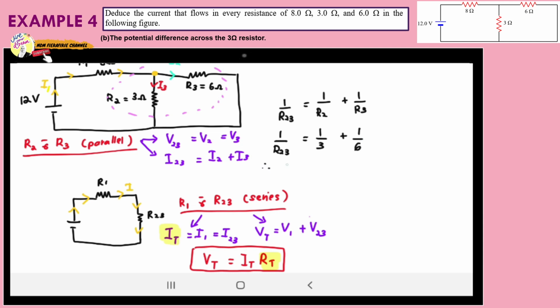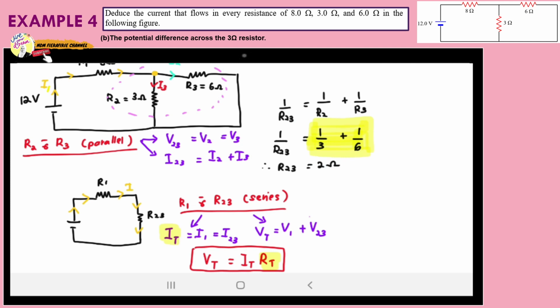Therefore, R23 you akan dapat nilai dia. Remember this is 1 over R23. So bila you total up yang ini, you kena terbalikkan lah. Dia akan jadi 1 over answer yang saya highlight dengan warna kuning ni. So this is 1 over R23. Therefore, R23 is equal to 2 ohm. So kita dah dapat R23 is equal to 2 ohm.